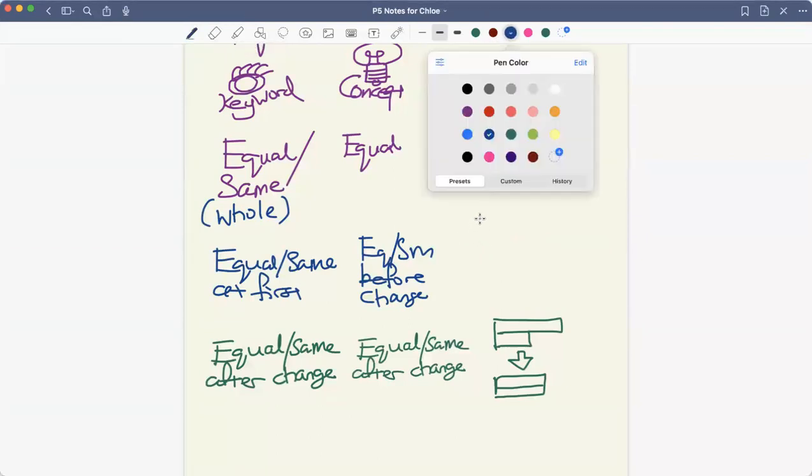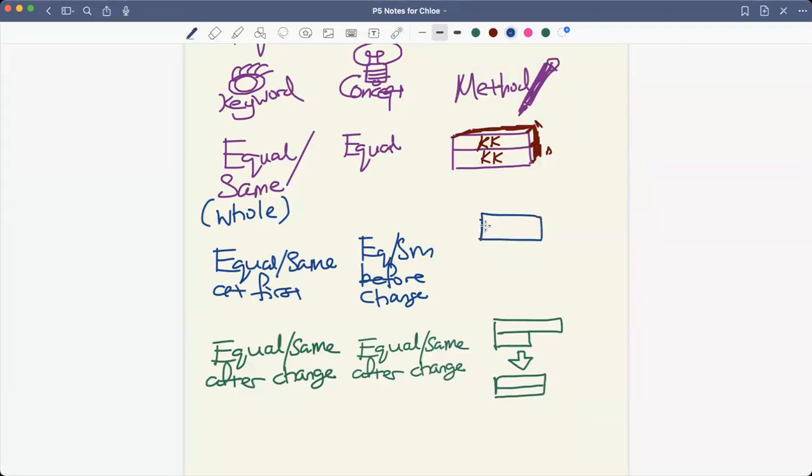You draw equal, the same, then after that you extend. You draw a gun or water pistol. So it's the reverse.